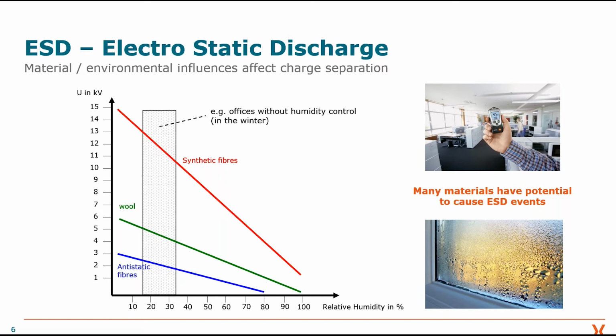So in a production area, we want the air to be as dry as possible, but if the air is very dry, more charge can accumulate, and we have higher ESD potential. So that's a conflict we have, and therefore we need special concepts to prevent the damage shown before.